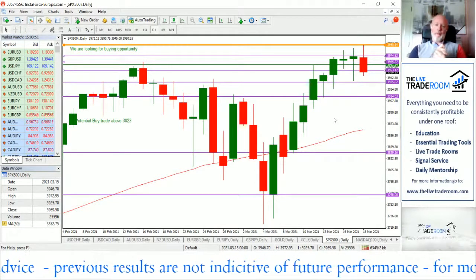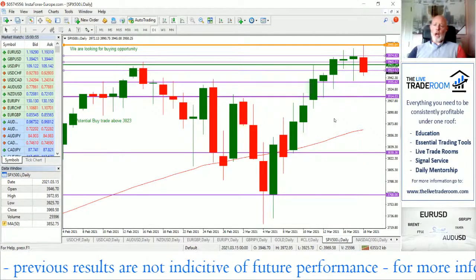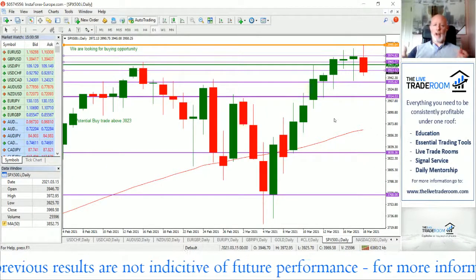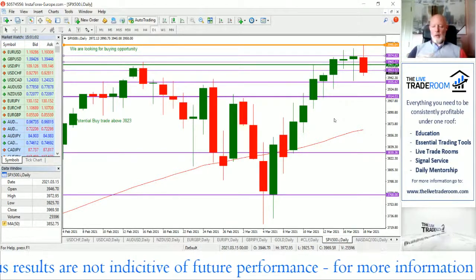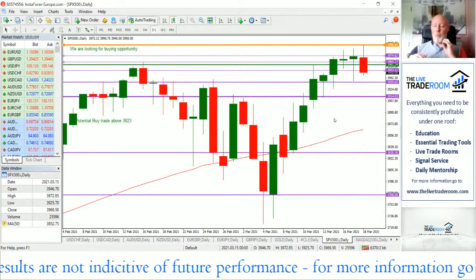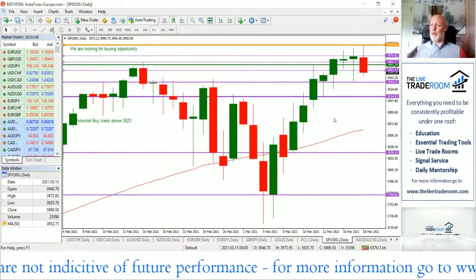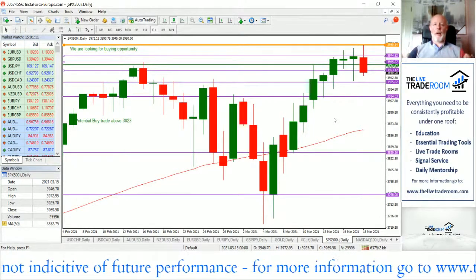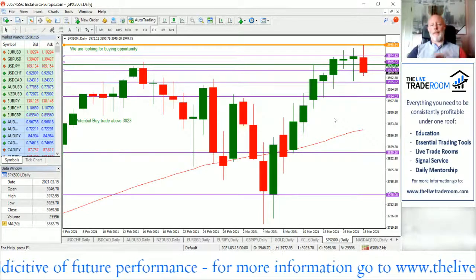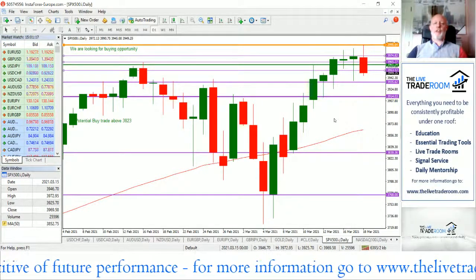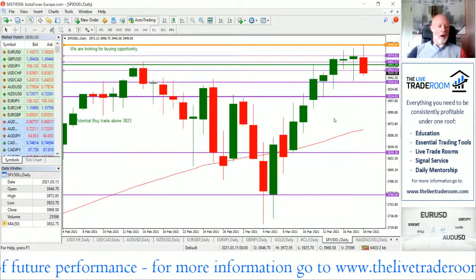And we've got to be mindful of the psychology, how you can feel. If you go on a 10 trade winning spree, you might then feel that you're invincible. And what that does to traders, they start oversizing, they start thinking, right, well, if I can make this much money that quickly, I'm going to go all in on this trade. All of a sudden, all the rules and everything have just gone out the window, and they've got excited, and they've kind of gone too far over on that side.